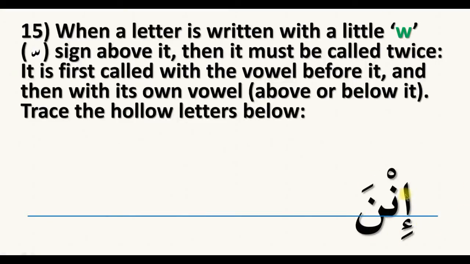Here you have A-I-N, in, and A-na, inna. So this circle sign tells you that the N must be called with the vowel before it. But you will notice that there are two N's here. Why not write one N, but with a sign above it that will tell you that the N must be called twice?